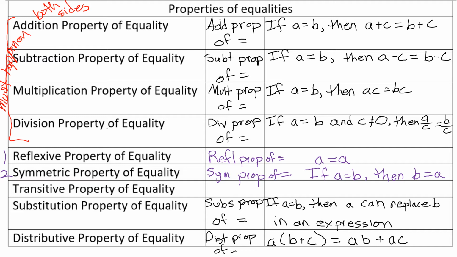And then we have the transitive property of equality. TRANS, prop of equal sign. And this says if A equals B and B equals C, then A equals C. Notice how both A and C both equal B in the beginning.